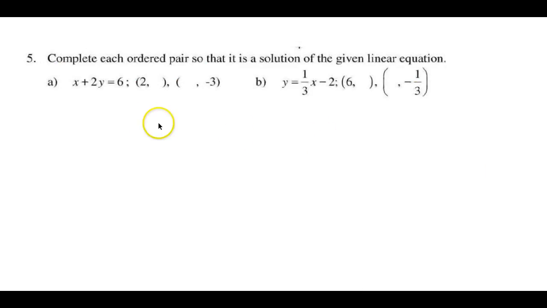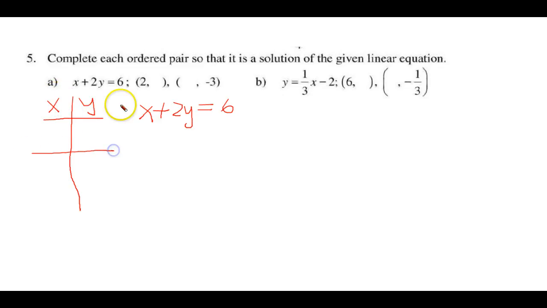Now, a variation of what we had above is this, in which we have the equation, put it over here, x plus 2y equals 6, and we're going to make a T-chart, x there and y there, and we have two values, so we have a 2 there, and we don't know what the y would be, but now we have a -3 here. We don't know what the x will be.